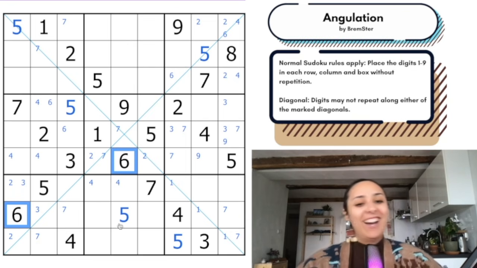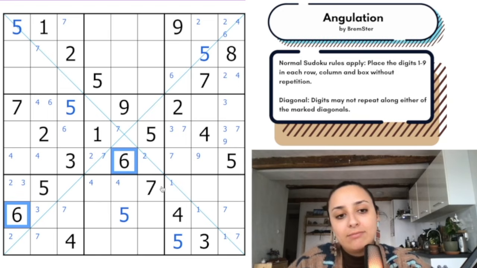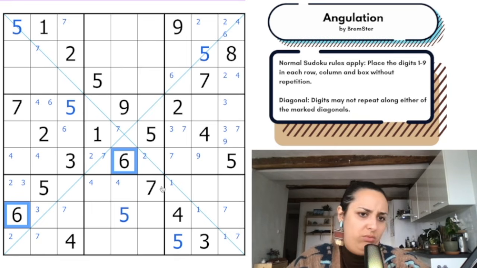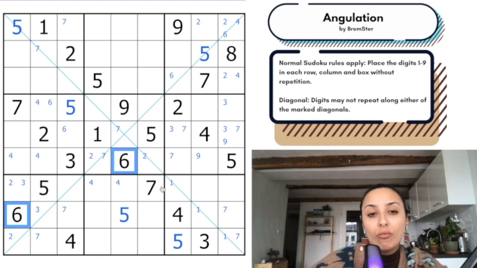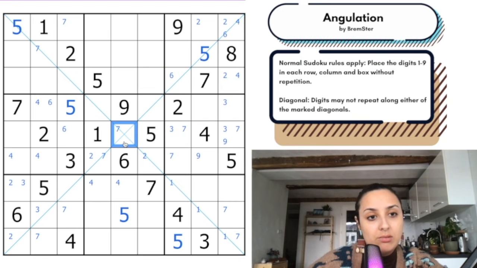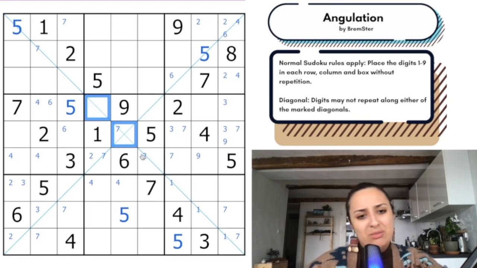No. The easy way to say that is just no. The answer is no. Six has to be here. That can't be a 4. What does that do? I don't know.